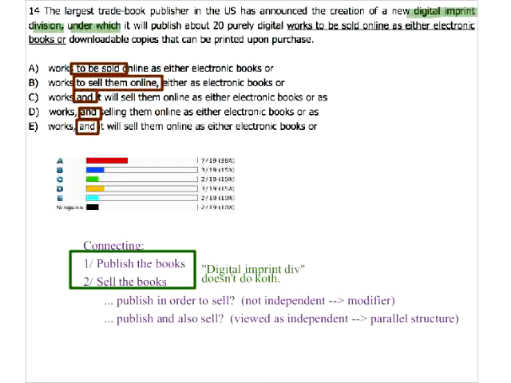So that means we don't want the ones that say "and." The ones that say "and" are not legit. Any questions about that? If you have them, go ahead and type them in the text box.